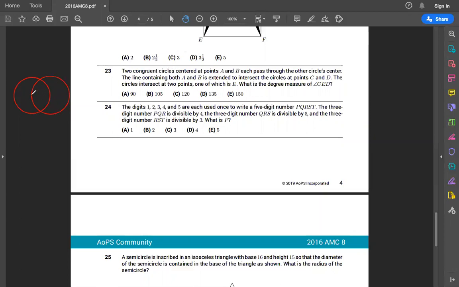And then I'll say this is the center, this is the center, A, B. I wonder if I can make this bigger. Okay, that's probably fine.